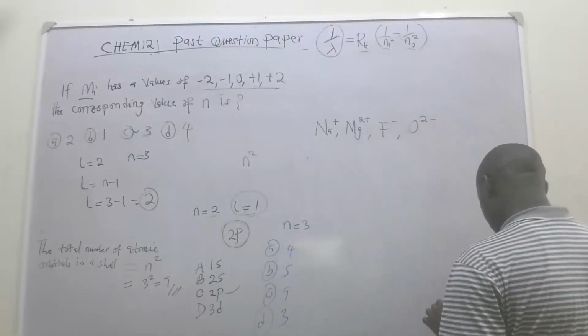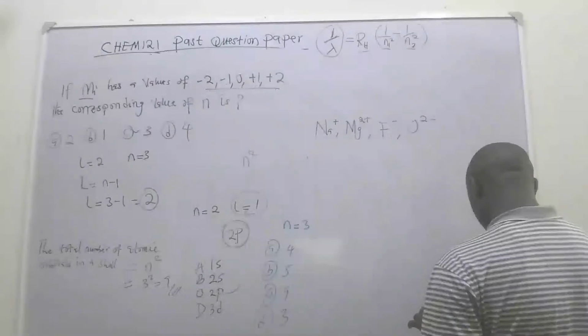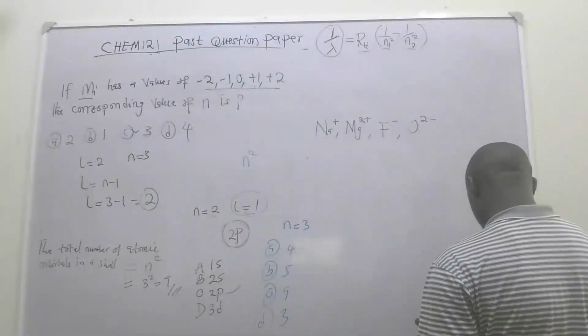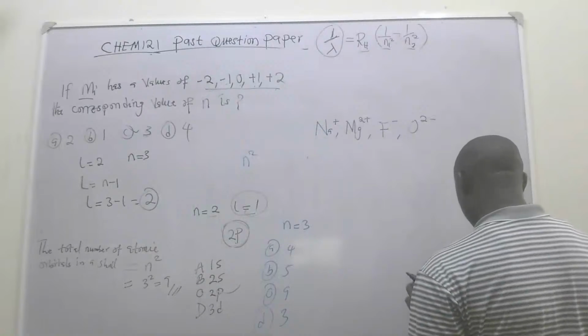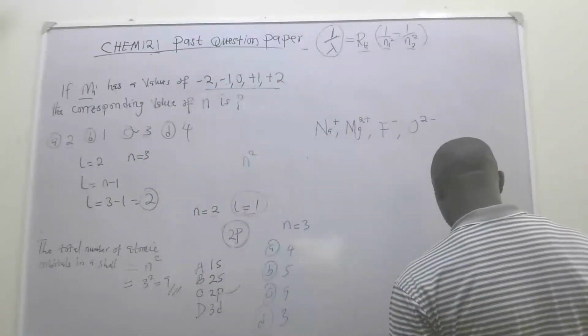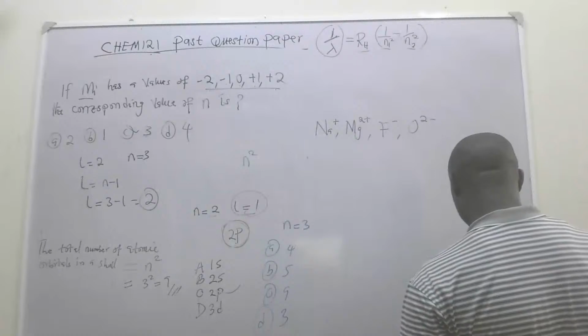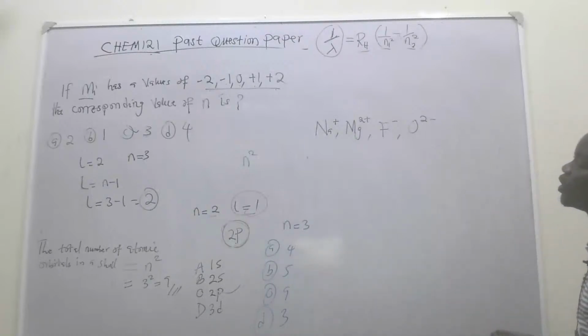So the question says we are to arrange this in the correct order of increasing atomic radii. Now that is something that I want you to understand.